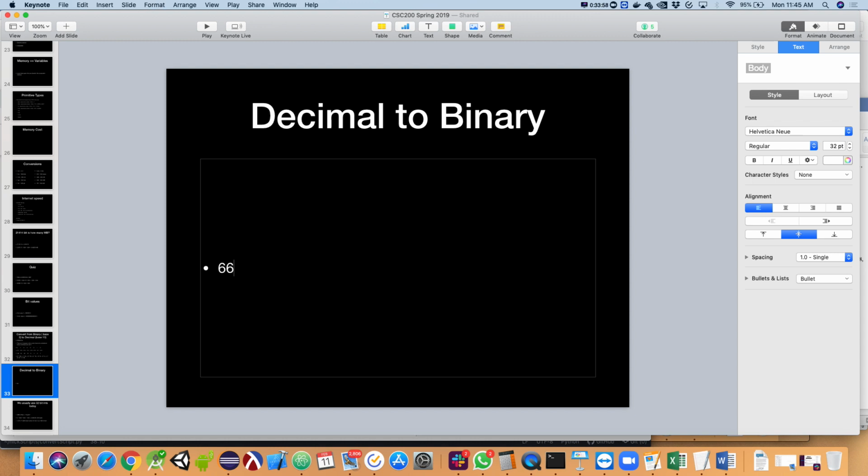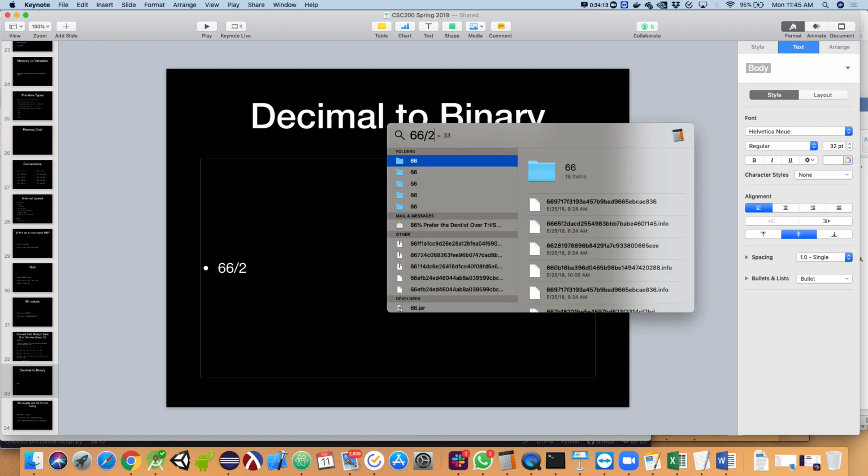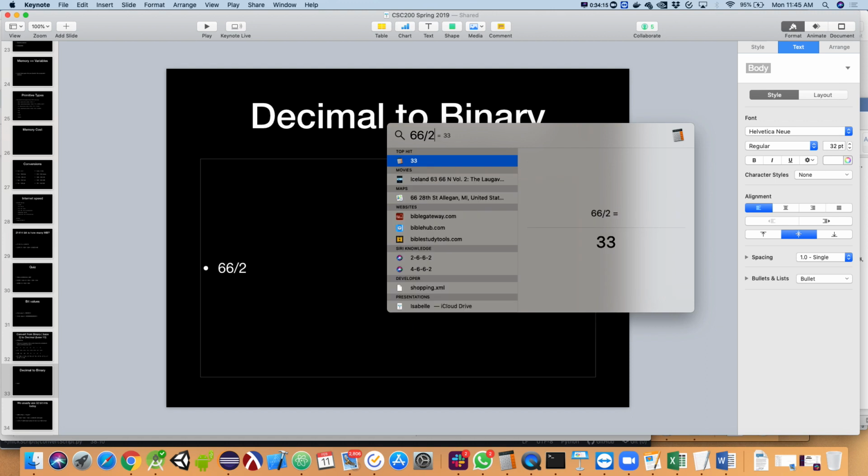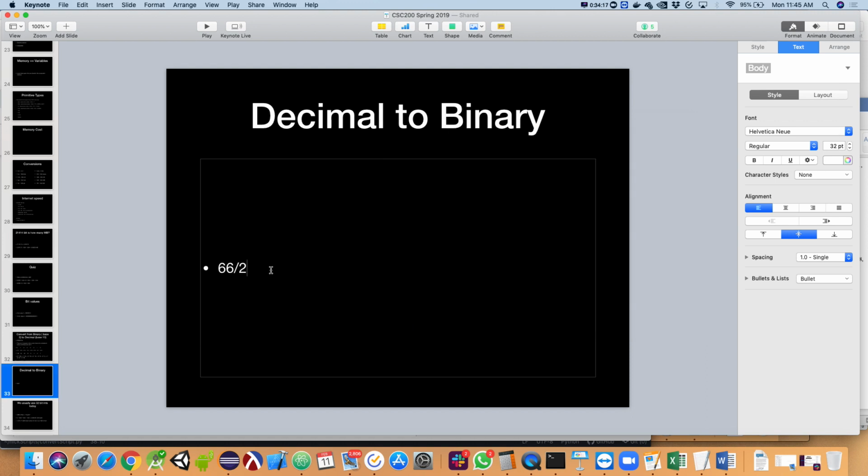All right, so the way we convert a decimal number to a binary equivalent is we take our starting point. So in this case, it's the 66. We divide it by 2. 66 divided by 2 gives me a 33. Now let's think about this in terms of long division.